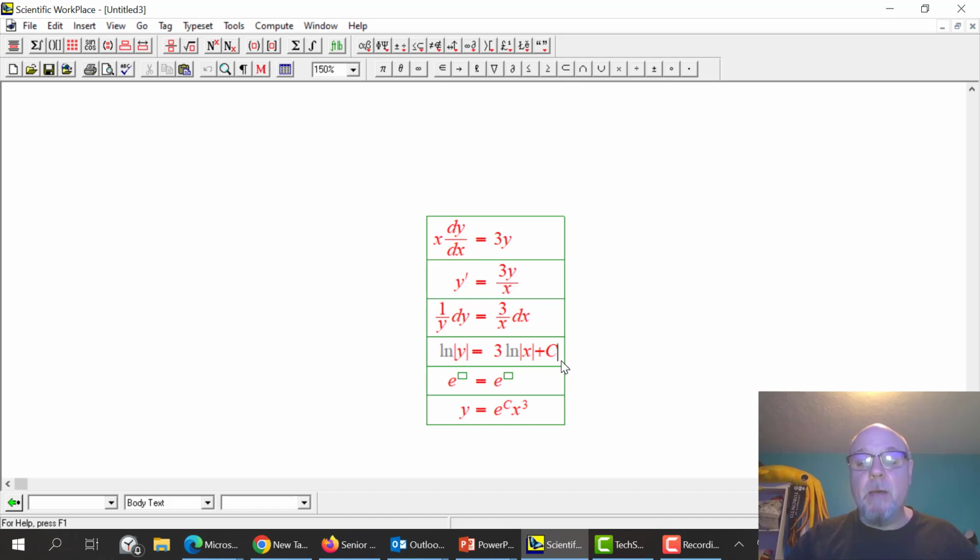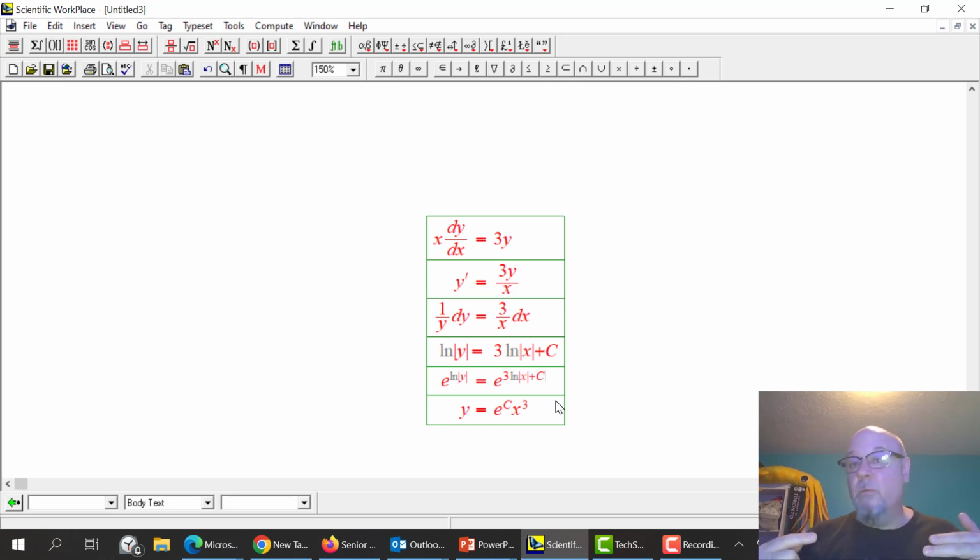We got down to this step. Let's just proceed ahead, knowing that there's probably an issue. So I'm going to raise each left side and right side to the exponential. So e to the ln absolute value of y, and e to the ln of this side.